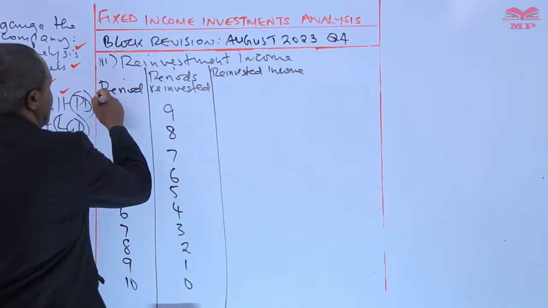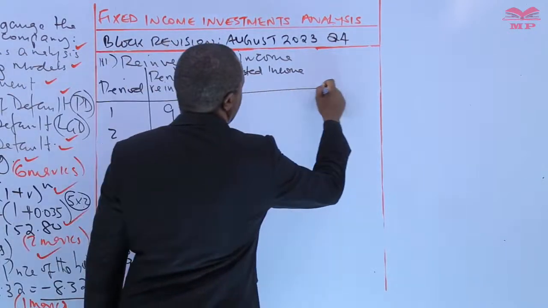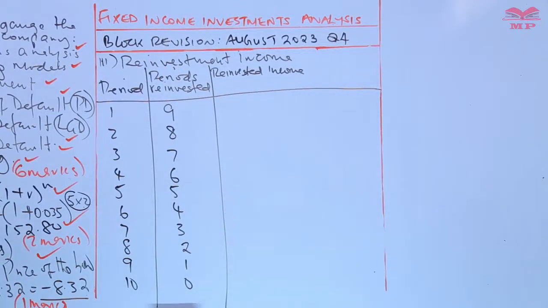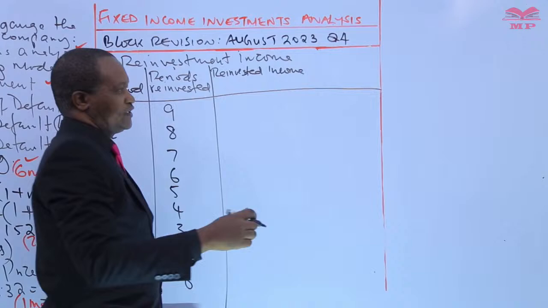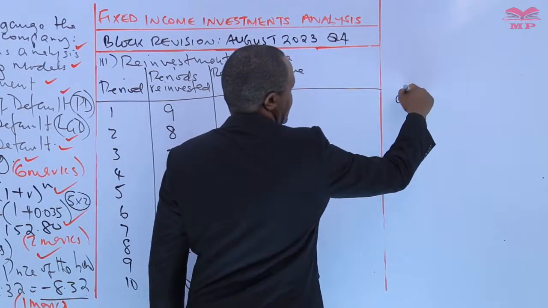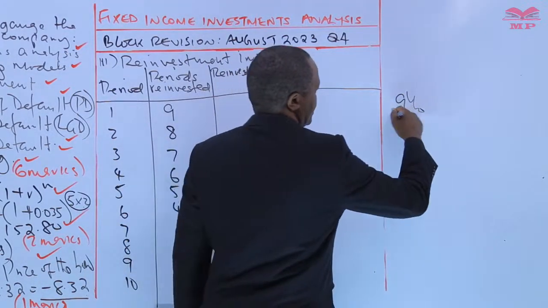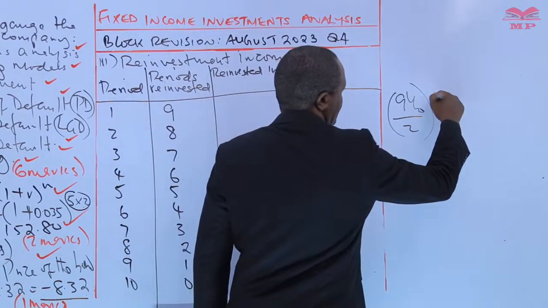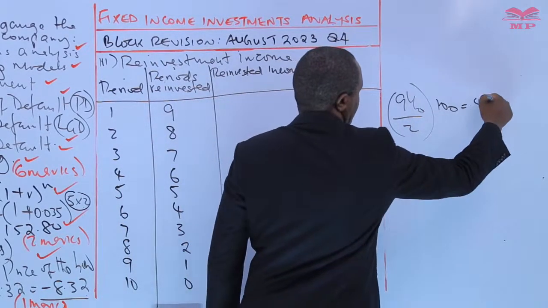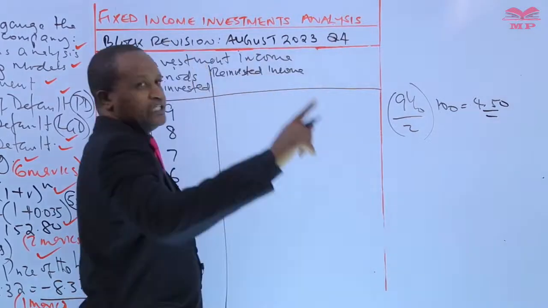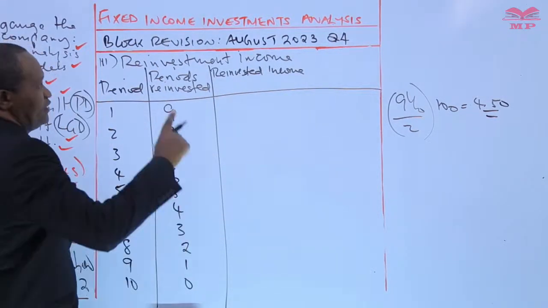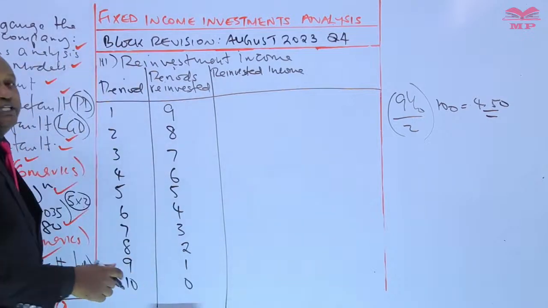And we've already calculated the interest, which is uniform. It's 4.5. How did I get 4.5? It is the annual 9% divided by 2 to get the semi-annual rate, times the par value 100, to earn 4.5. That is the interest that will be earned at the end of every period, which will then be reinvested.